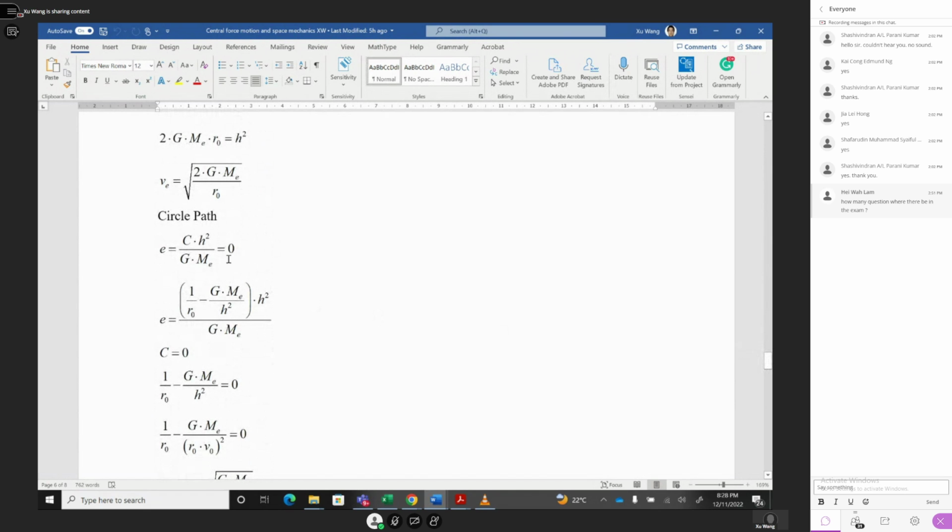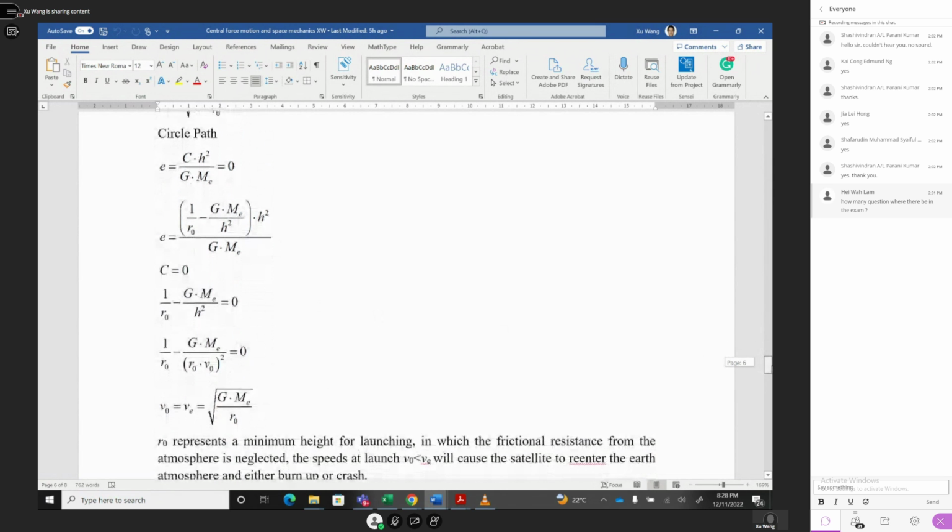And then for the circular path, E equal to 0, and then you find the circular speed, and what speed should be satisfied for the escape. Okay, if more than this one, there won't be a circular orbit. It has to be less. But if this speed is too small, then the satellite will go back to the atmosphere. R0 represents the minimum height for the launch, in which the friction resistance from the atmosphere is negligible.